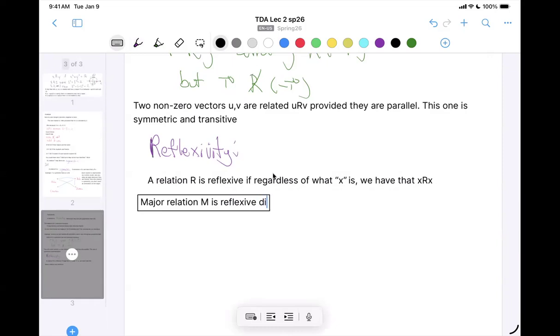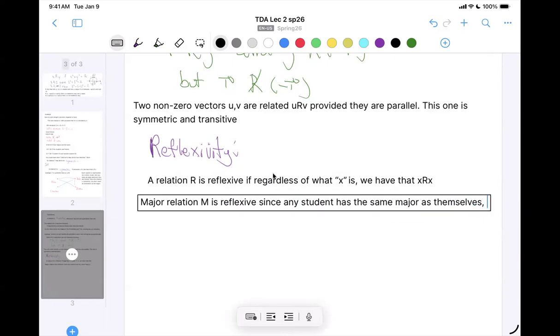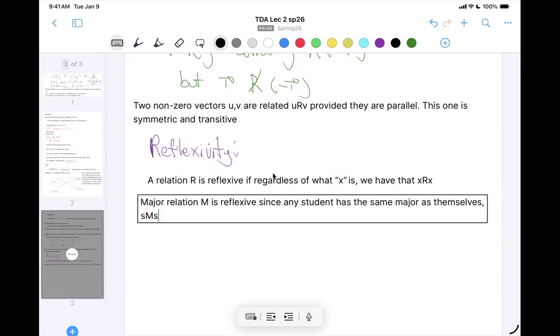It even sounds weird to say out loud, but Alex has the same major as Alex. That's all this is saying.